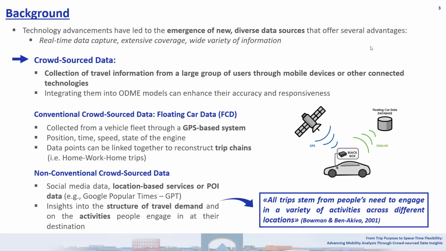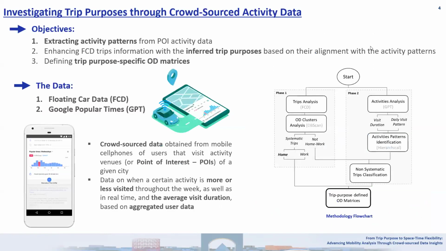So how can we use floating car data? How can we use these non-conventional crowdsourced data, such as points of interest and Google Popular Times, to improve our knowledge about travel demand? We started to think about how to use them, and we thought specifically about the motivation behind the trip.